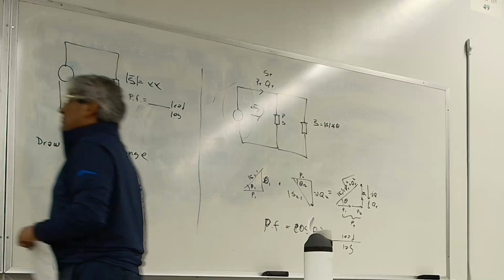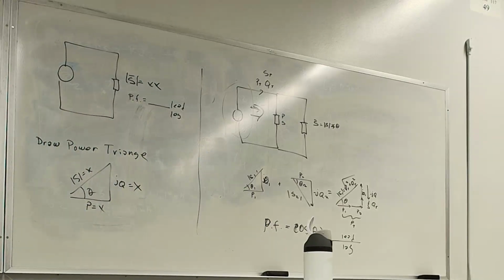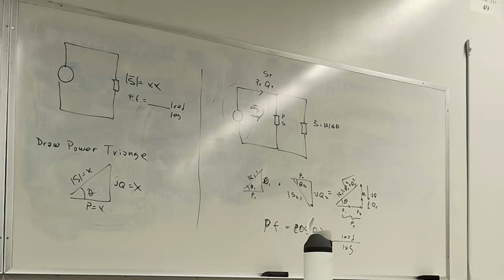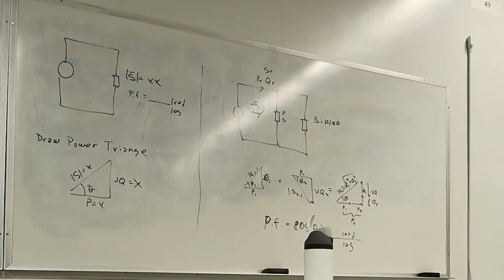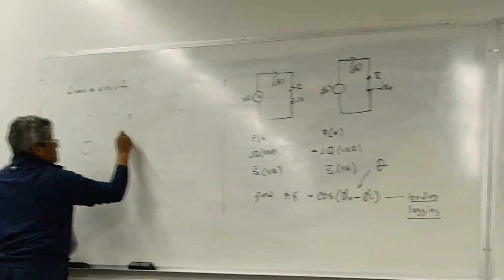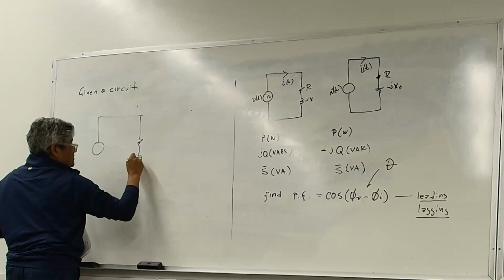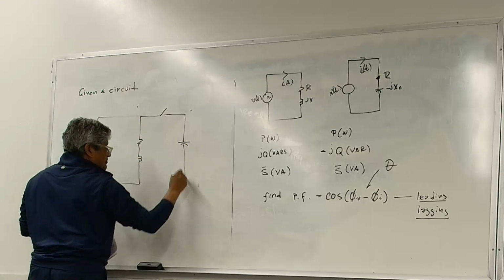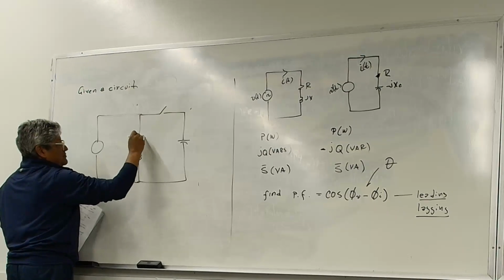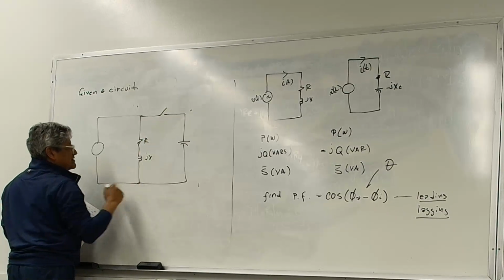The other thing we talked about was power factor compensation, or power factor correction. So if you're given a circuit, say you have some resistive inductive load, and I'm going to put a switch right here and a capacitor right here, and you have some value of R and jX.